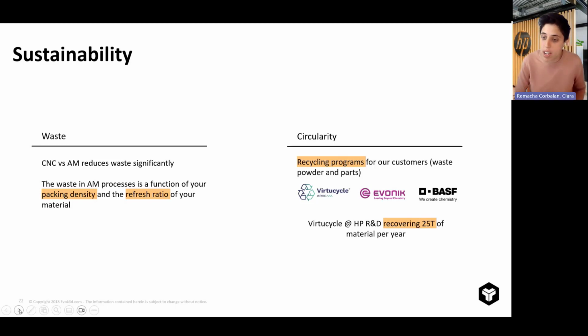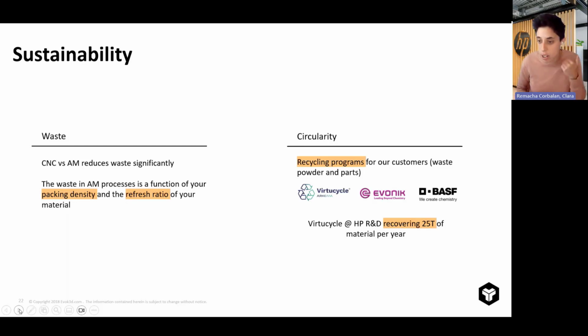The difference in waste from these two processes is very significant. I'm not saying that the additive manufacturing process does not generate waste, because it does. So I wanted to also touch a bit on this. What is the waste that is generated by the additive manufacturing process?